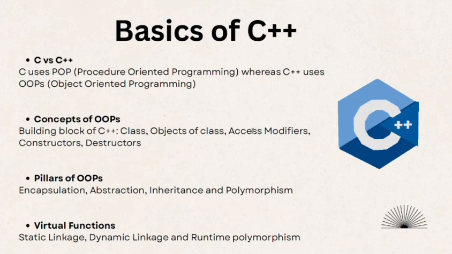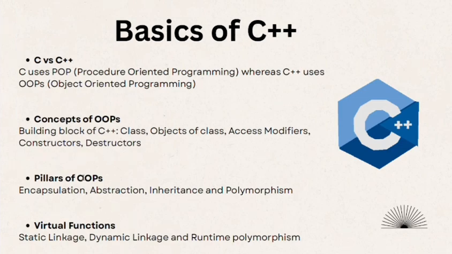Access modifiers control who can access data, like public, private, or protected data. Constructors, special function that automatically runs when an object is created. And last, destructors, special function that runs when object is deleted to free the memory. It is basically used to free the memory.